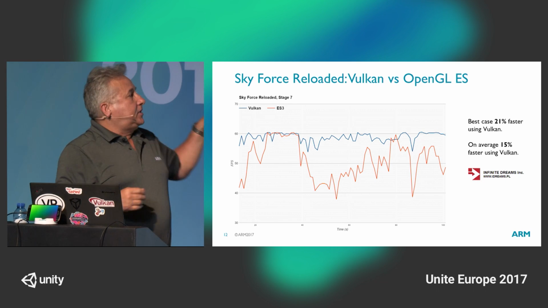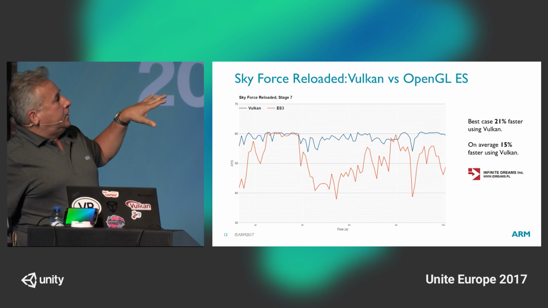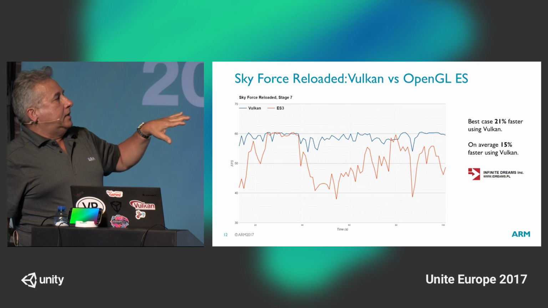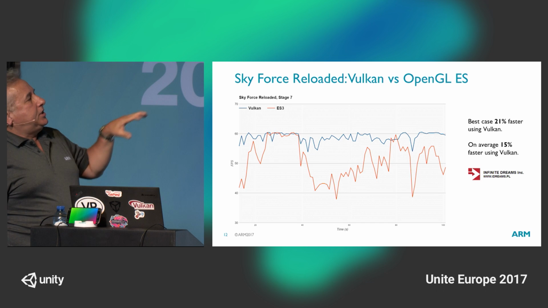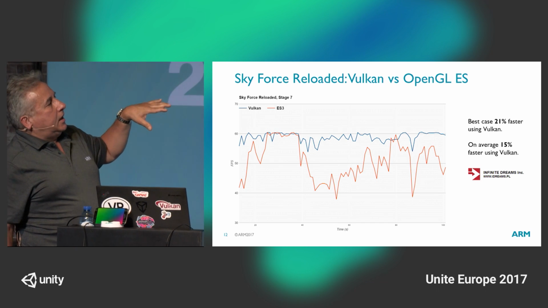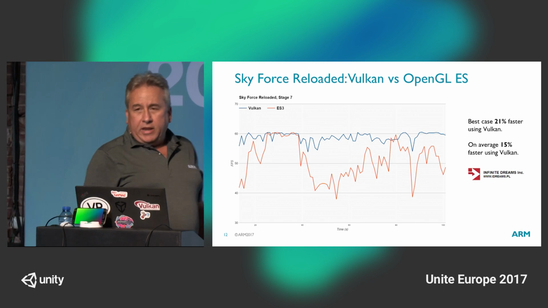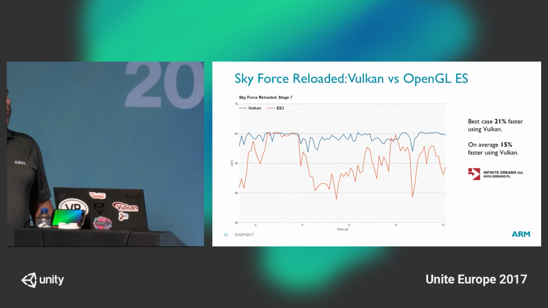So in these graphics, we can see the comparison of OpenGL ES and Vulkan during the execution of that benchmark. And you can see that Vulkan, as an average, is 50% faster than OpenGL ES. And in some cases, that difference is up to 21%. But they didn't stop here. They thought, OK, we are not pushing Vulkan really hard.